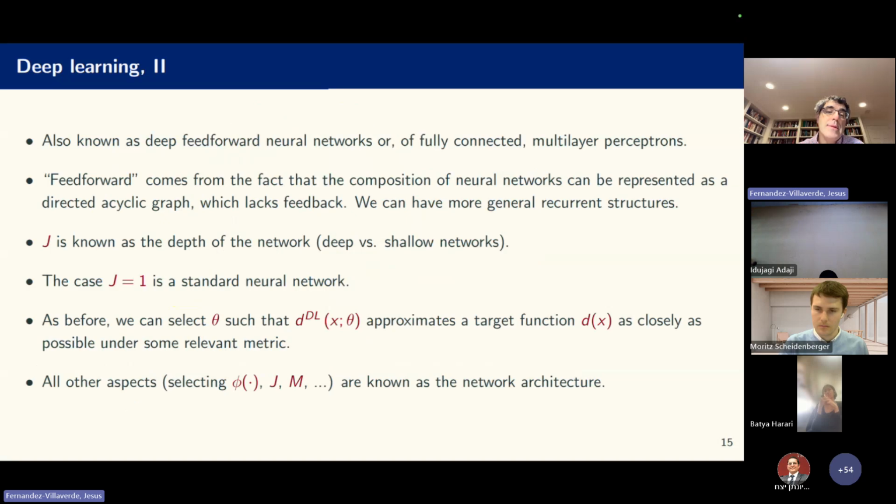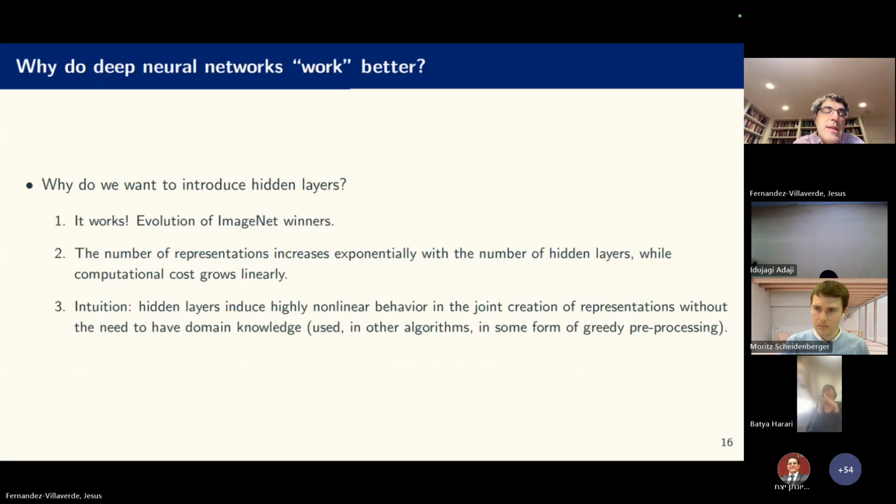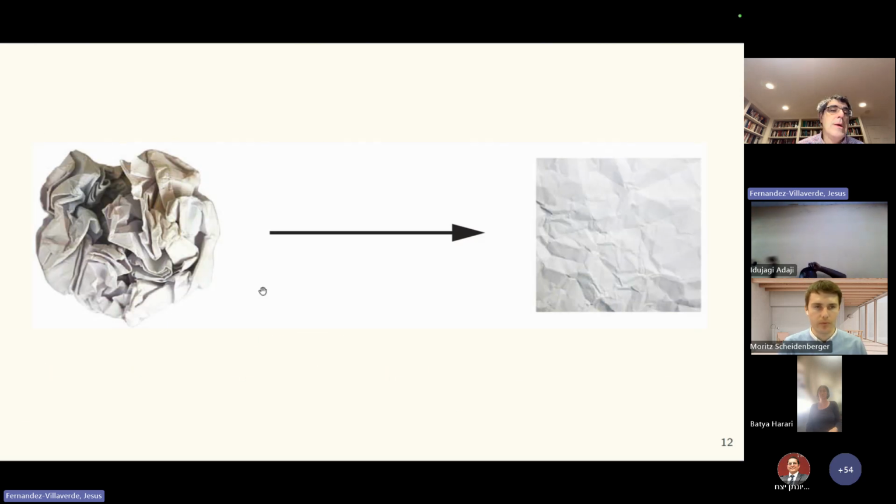That means, as I explained in the slide, that we can induce incredibly nonlinear behavior without the need to know much. Domain knowledge is just your understanding, as an economist, of the problem that you are trying to approximate. And deep neural networks are going to be enormously efficient in unwrapping this ball.